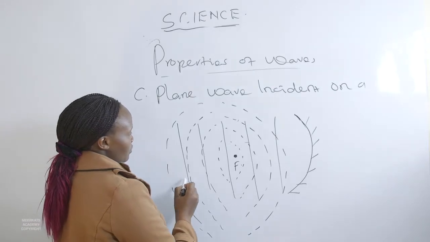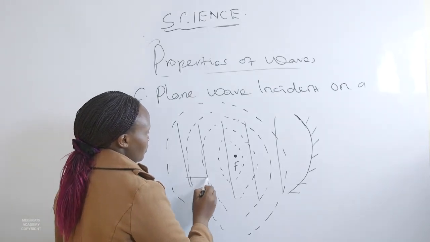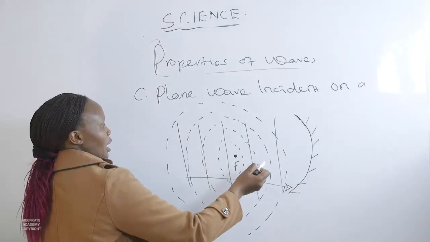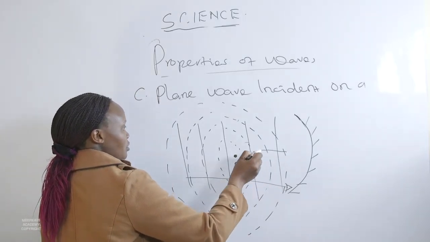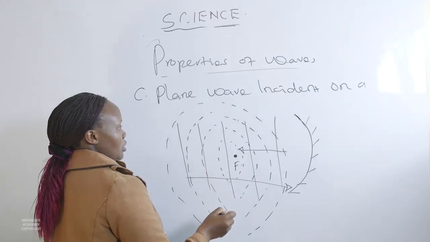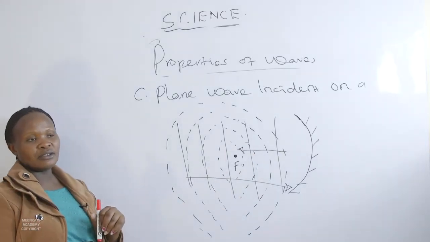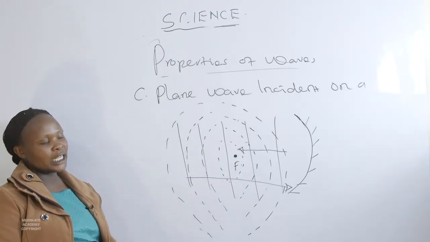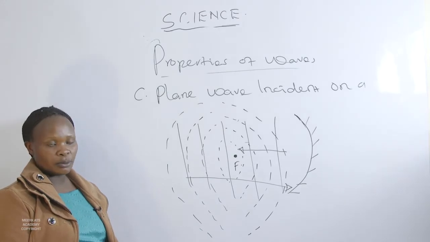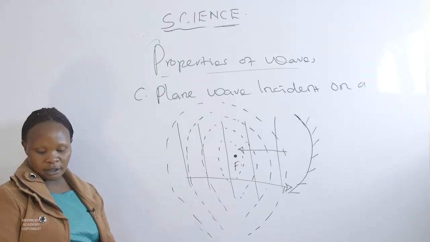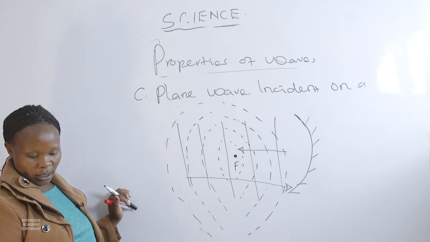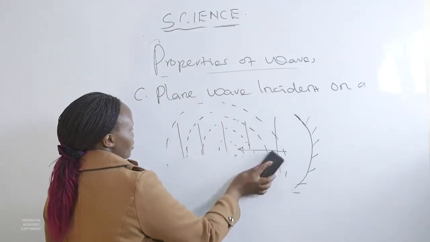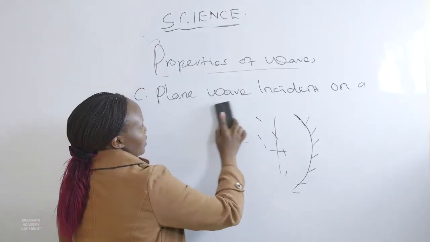The initial wave was traveling in that direction, and then our second wave after reflection is going to be in the opposite direction, only that they will converge at a point F, which we call the focal point, before they can then spread out to other regions. How about a convex reflector?